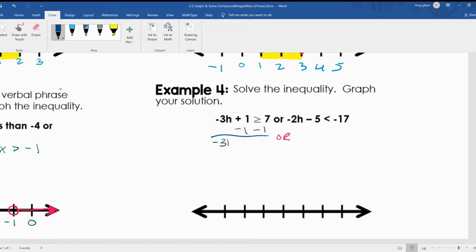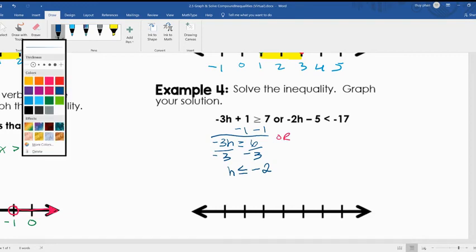And we subtract 1 and then have -3h is greater than or equal to 6. Then we divide both sides. So when we divide by a negative, we do want to remember to reverse the inequality statement so that it is true. All right, so we're going to do another color for the right side here.